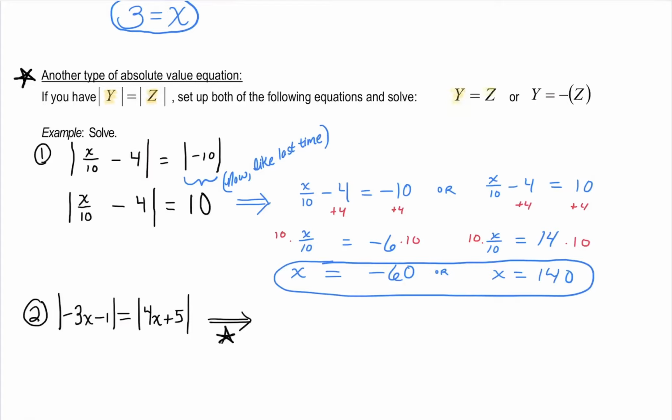So if two numbers are equal, their absolute values are equal. The other could be that one's positive and one's negative, but then when you take the absolute value, they're the same.